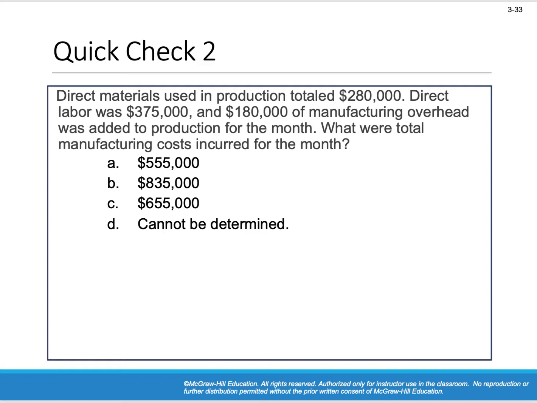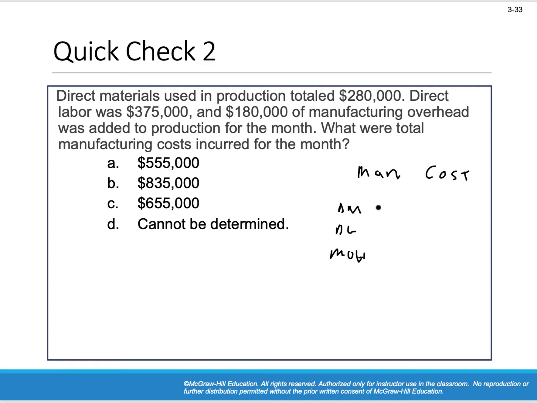So let's think about this one, right? To figure out my manufacturing costs, I know what makes up manufacturing, right? My DM, my DL, my MOH, the manufacturing overhead.